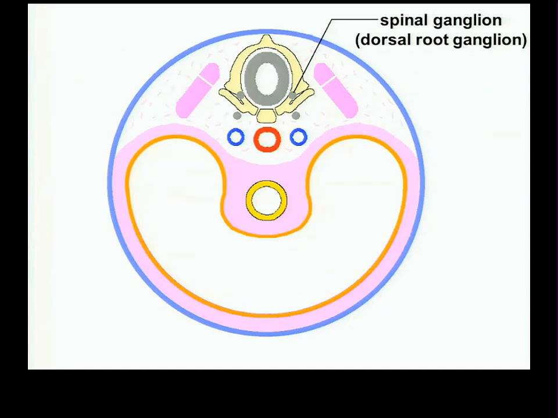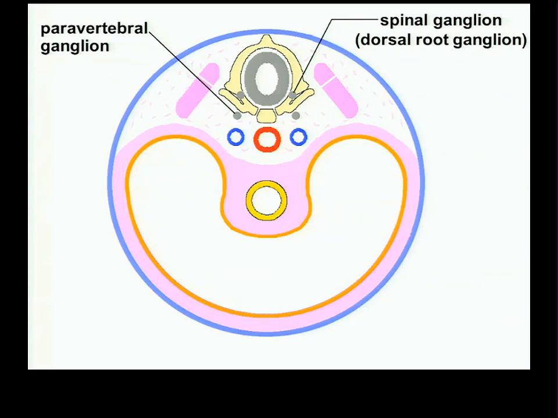And the other clump takes up a position near the origin of the costal process of a vertebra, and that clump is called a paravertebral ganglion. And that is what's going to hold the cell bodies whose axons go out and innervate body wall visceral structures.